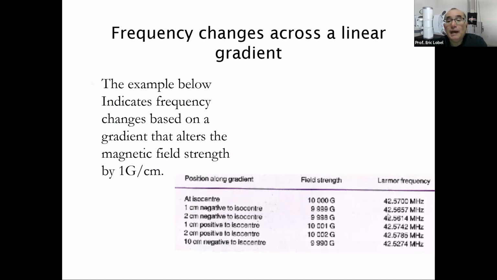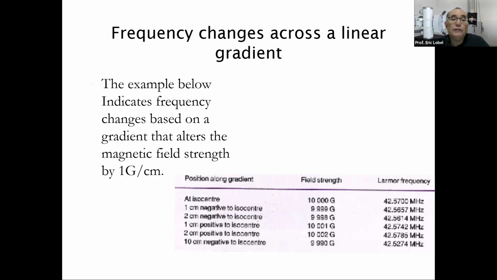You have to keep looking past the first couple numbers, because both of these start with 42, but now we've gone from 42.57 to 42.5657. When we go another centimeter down, it goes to 42.5614. So a very small change, but that is more than enough to distinguish these two protons that are a centimeter away from each other.